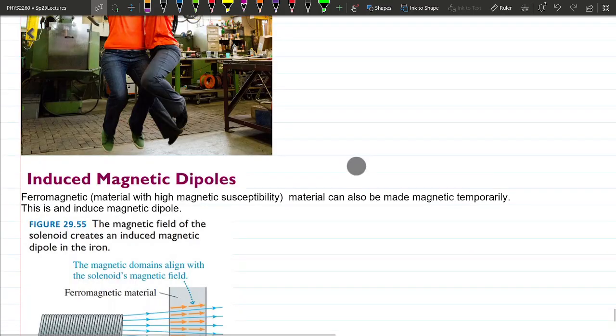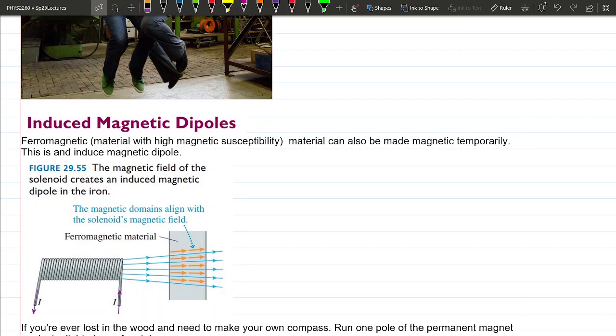And let's see, is there anything else? Oh, you can actually create your own magnets if you just take a little piece of metal. This is going to be kind of weak, even if you have a strong magnet. I don't know if you guys have ever done this in school, where you take a magnet and rub it on a piece of metal over and over again.